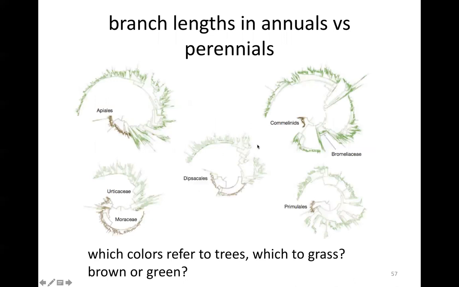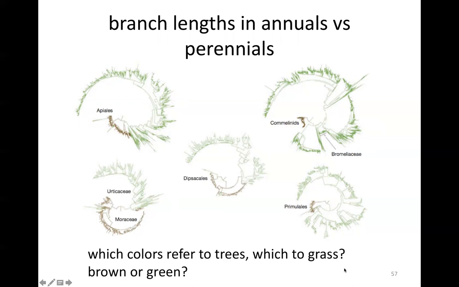So we have different phylogenetic trees of plants. In each of these 5 phylogenies, we have both trees and also grass species, so perennials and annuals. Trees would be perennials, grass are annuals.